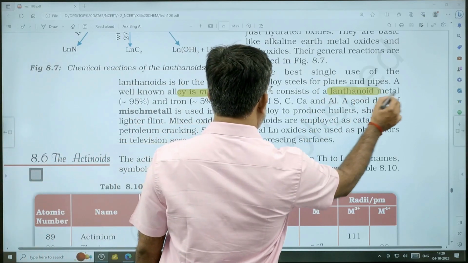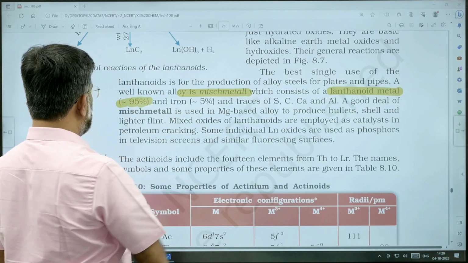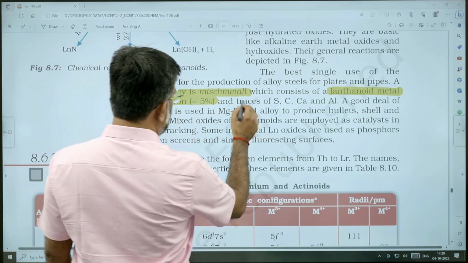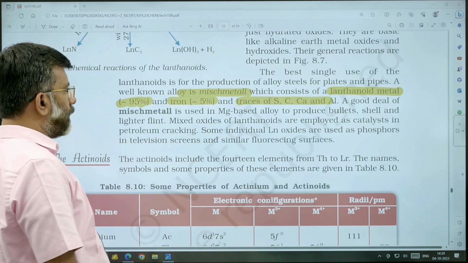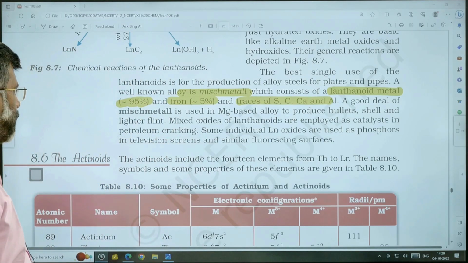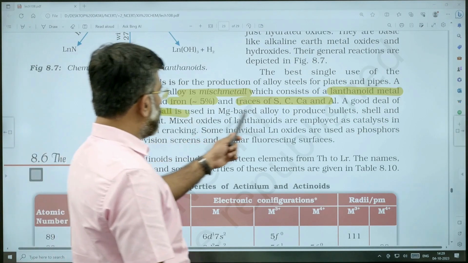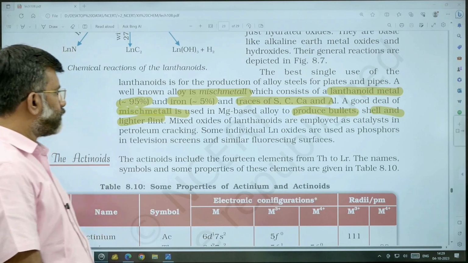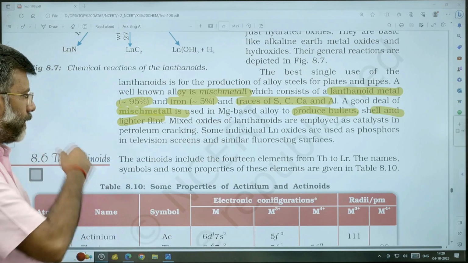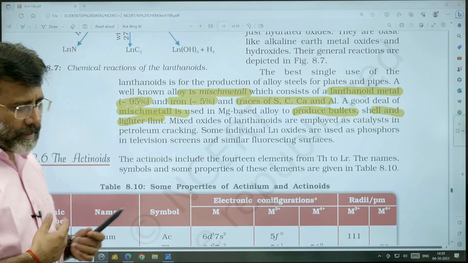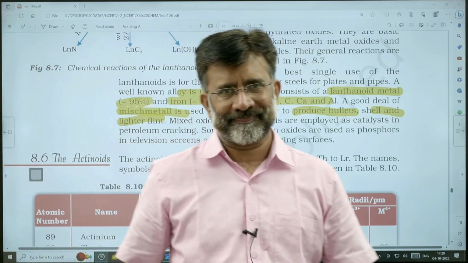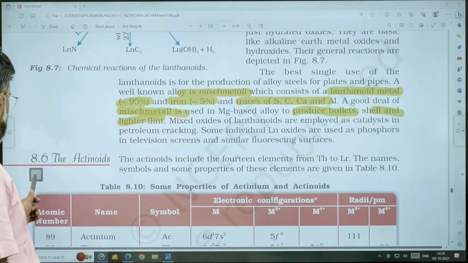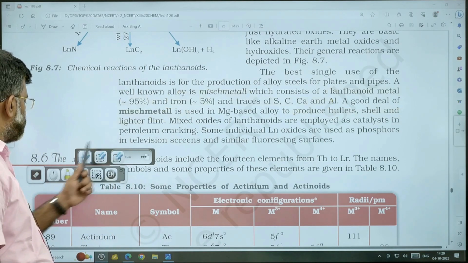Mischmetal consists of lanthanoid metal approximately 95% and iron 5%, with traces of sulfur, carbon, calcium, aluminium, etc. Mischmetal is used in producing bullets, shells, and lighter flints, and as a catalyst in petroleum industries. That's about lanthanoids, right?